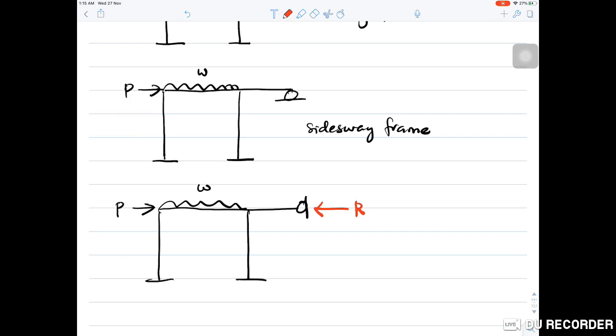So due to the support, the frame is held from sidesway. So this is properly restrained. This is an unsymmetrical frame, but it is properly restrained. So this one is a non-sway frame.